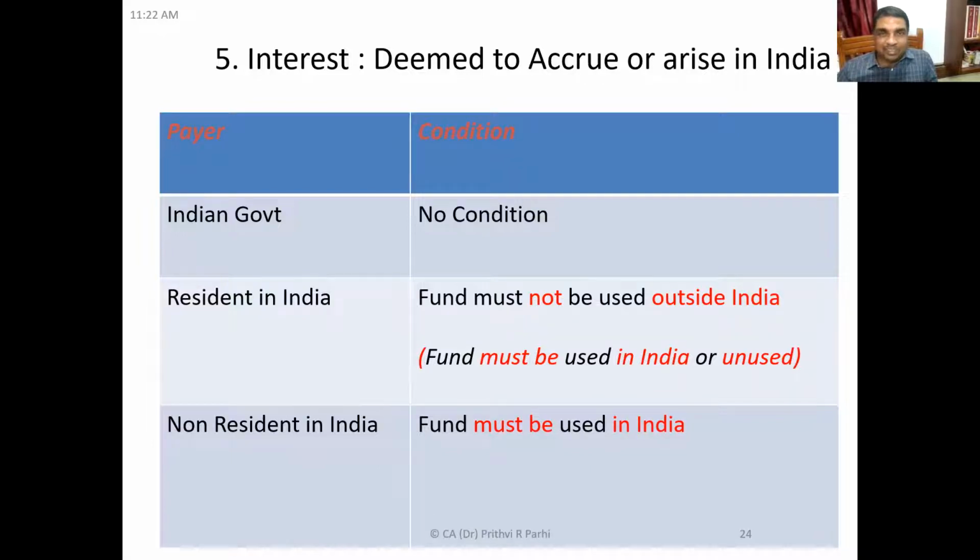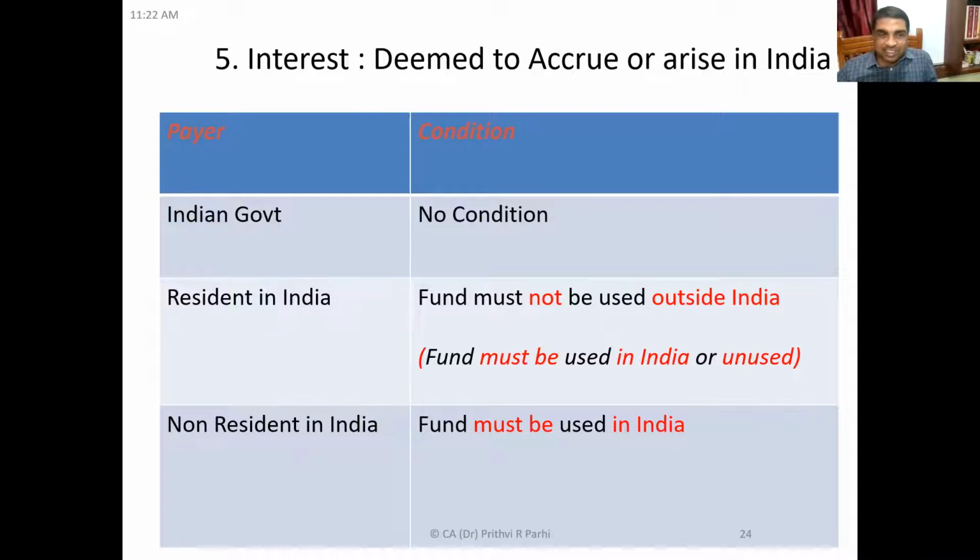Then only it will be deemed to accrue or arise. Otherwise, did you understand? If funds are used outside India, then it is not deemed to accrue or arise. If the funds are not used outside India, then only it will be deemed to accrue or arise in India. Is it clear?